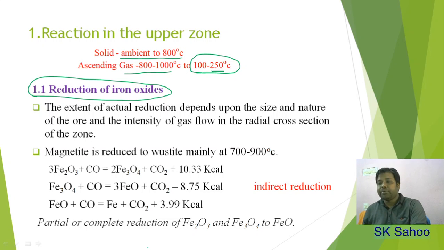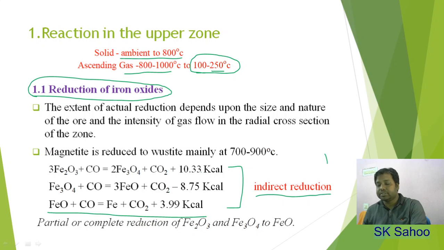And magnetite to austenite is also taking place inside this region. But FeO to Fe, this reaction is not completed within this region. All these reactions are indirect in nature, that means carbon monoxide is involved.